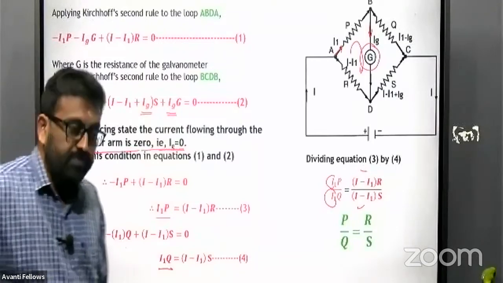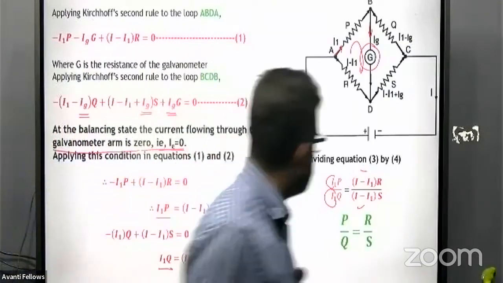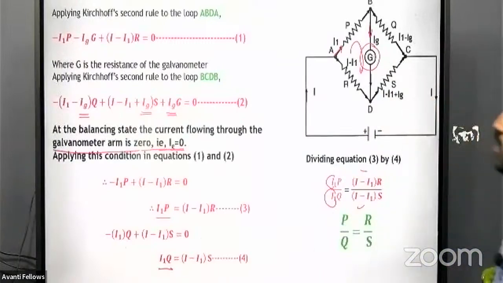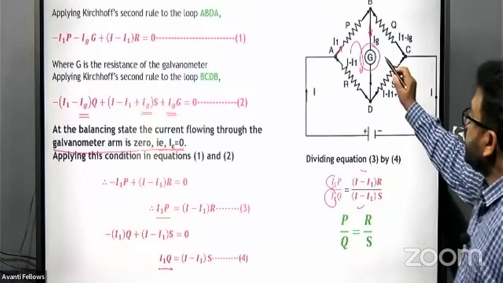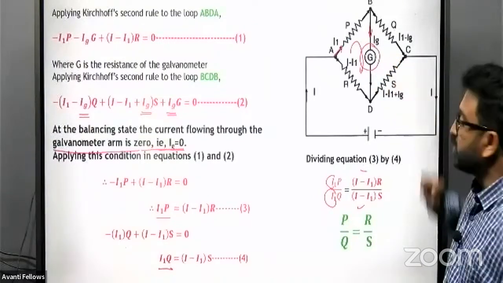This is the complete idea about the Wheatstone's bridge. The condition we applied here is that there is no current through the galvanometer.